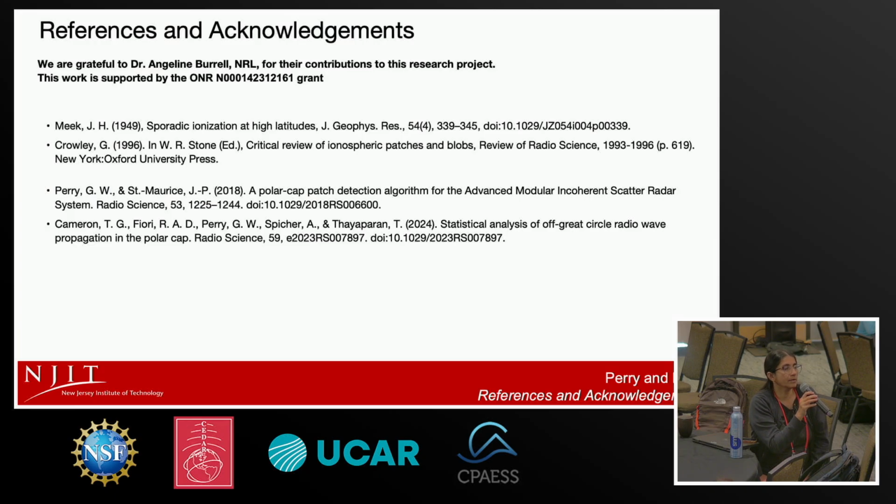Like Roger mentioned and you said, it can come from variable things. It doesn't necessarily come from a patch, or we don't know whether it is coming from a patch or not. So to broaden the point of view, I'm wondering if you can even look at just the variability seen in your polar cap data with this method over a long time period, or something that matches the variability seen by RISR.